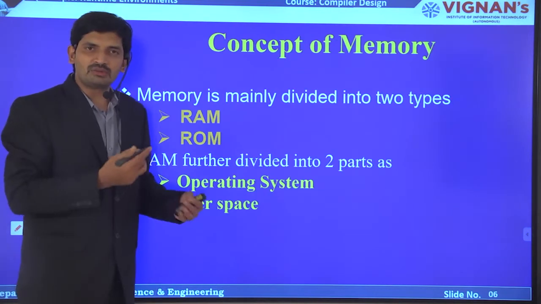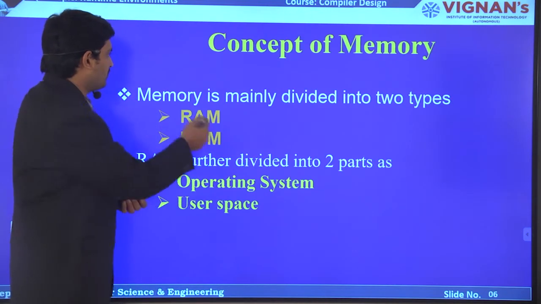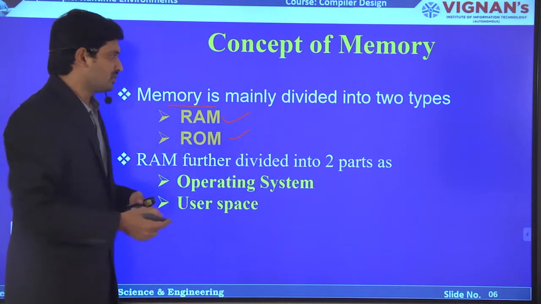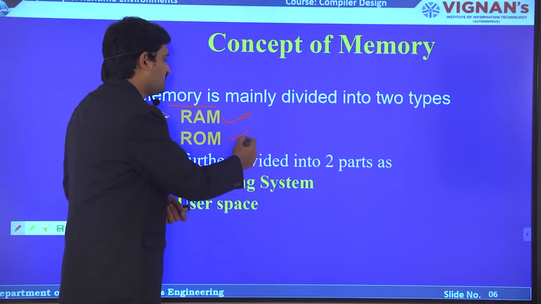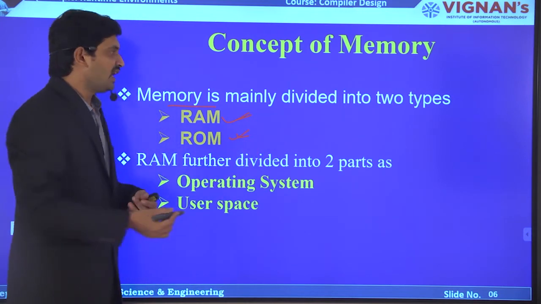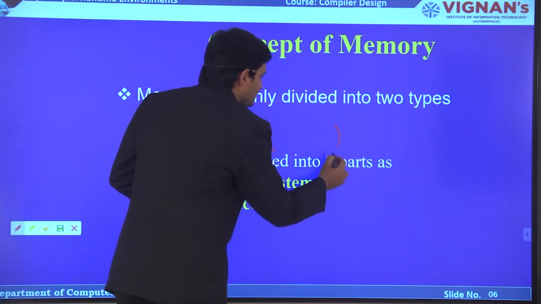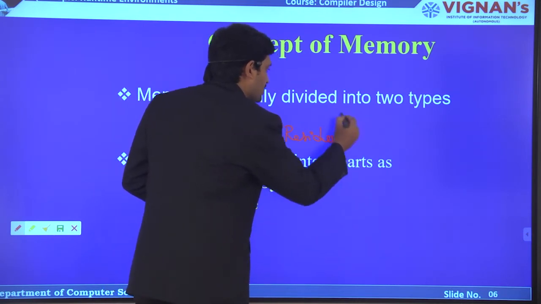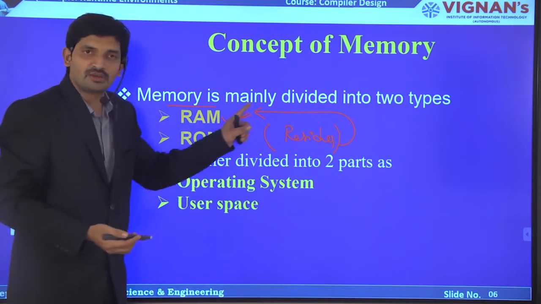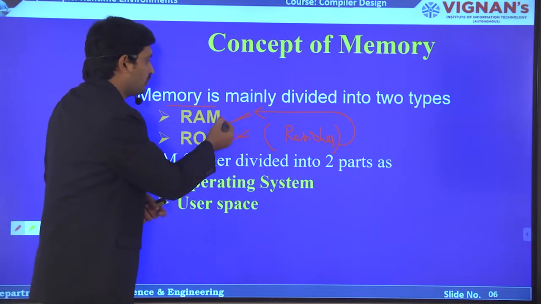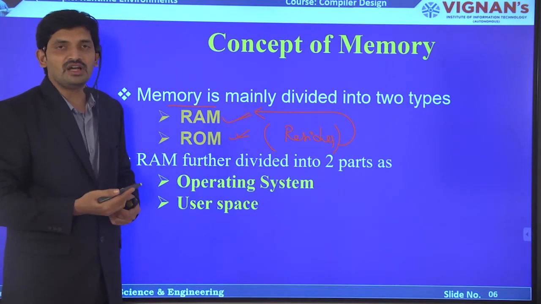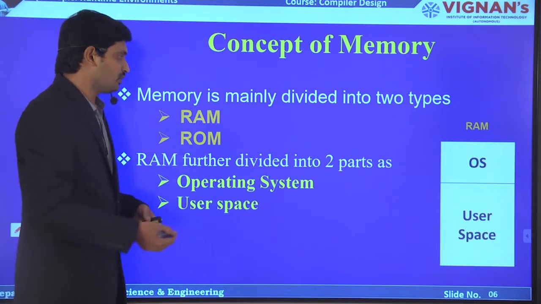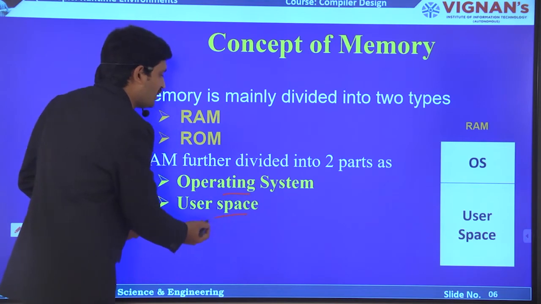Okay. Now come to the concept of memory. The memory is mainly divided into RAM and ROM, as we know. This is the random access memory and this is the read only memory. Everything resides in the ROM until it comes to execution. If it comes to execution, it has to be loaded onto the RAM, which is also known as the main memory. Okay, and the RAM is further divided into 2 parts: operating system and user space.